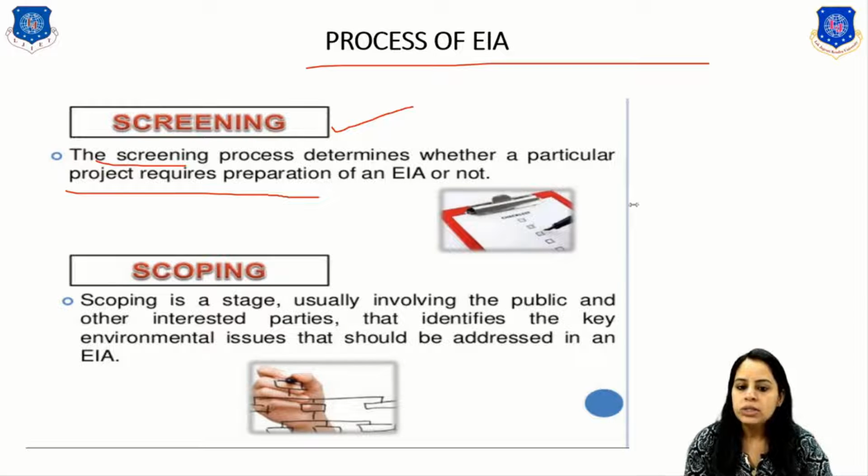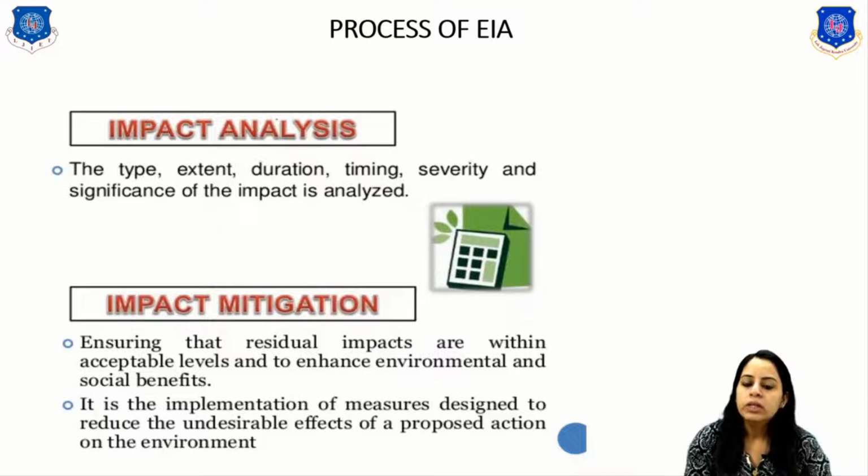Okay. So the second step is scoping. It is a stage usually involving the public and other interested parties that identifies the key environmental issues that should be addressed in the EIA. Right. Now the third one is the impact analysis.